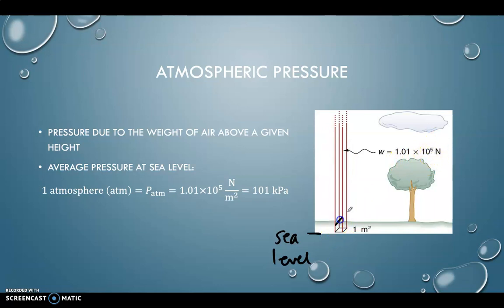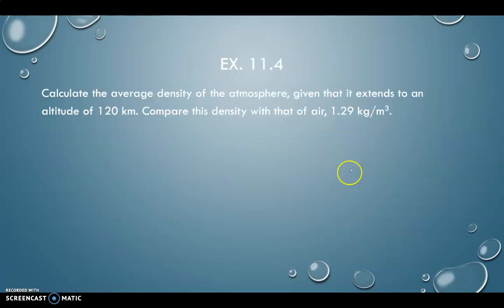So the weight of this air, you could say, is going to be that. And so our pressure is that weight, or that force, over our area, which is 1 meter squared. Okay, so atmospheric pressure. So let's understand this a bit more using example 11.4.